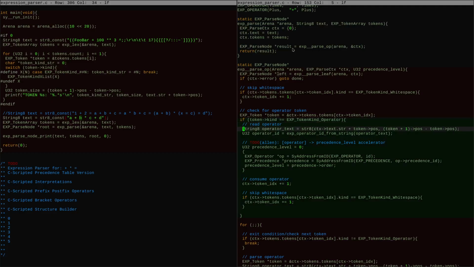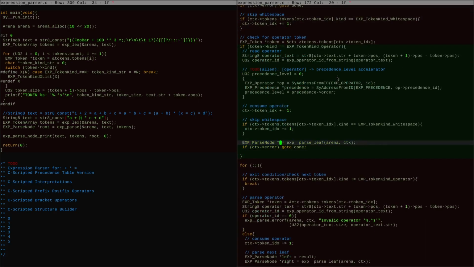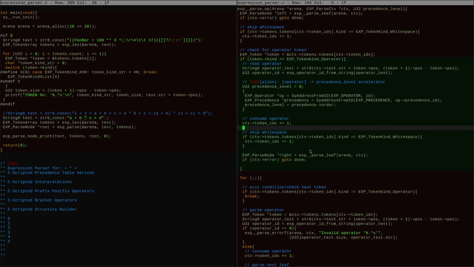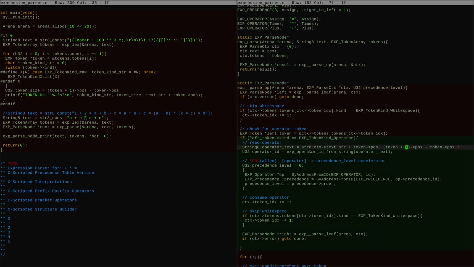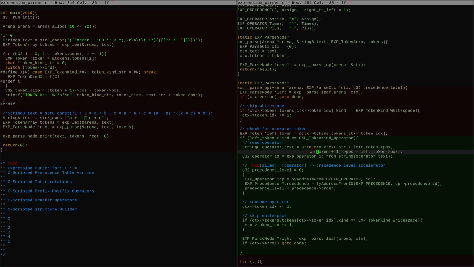If it's an operator token, then consume the operator, skip the white space, then we take a crack at reading the right one, I guess. Read the right one. Left token.